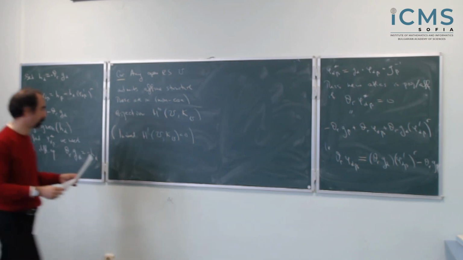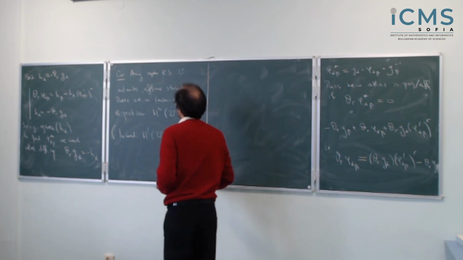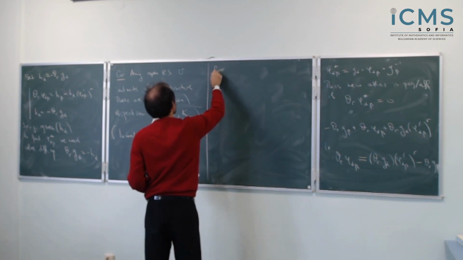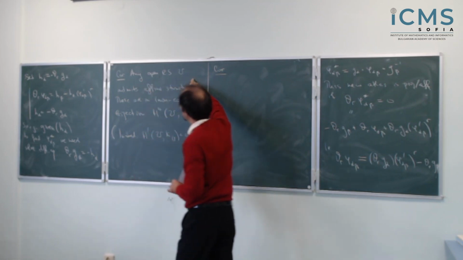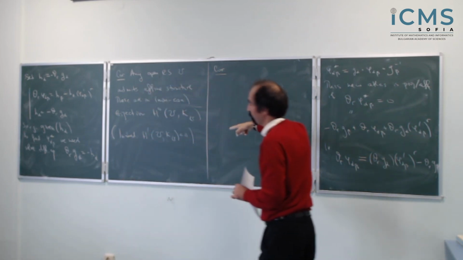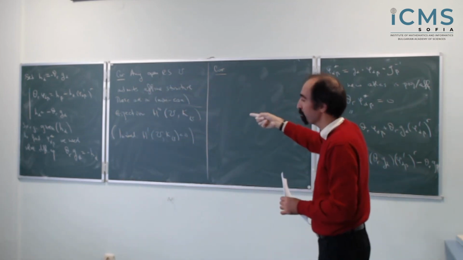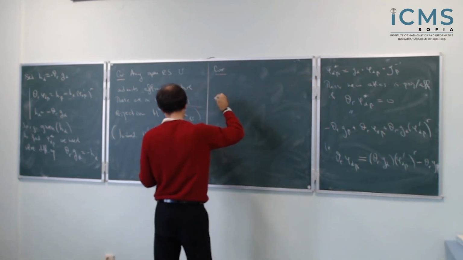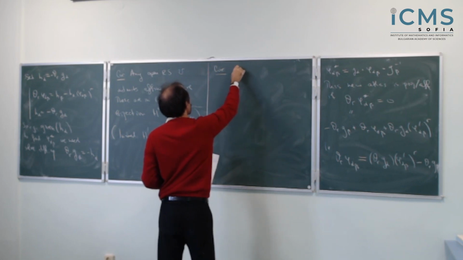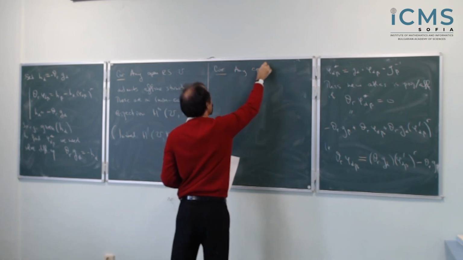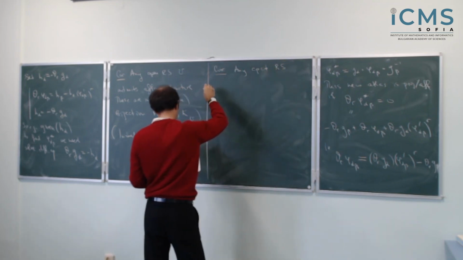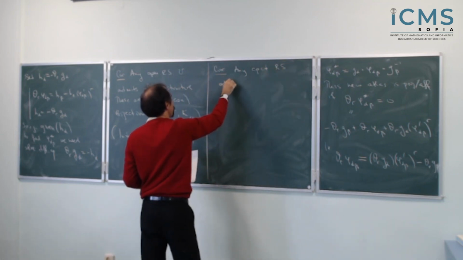Now, on the other hand, if I wanted globally, so if I wanted on a compact surface, only the genus 1 case passes through this. So any compact real surface admits a projective structure.